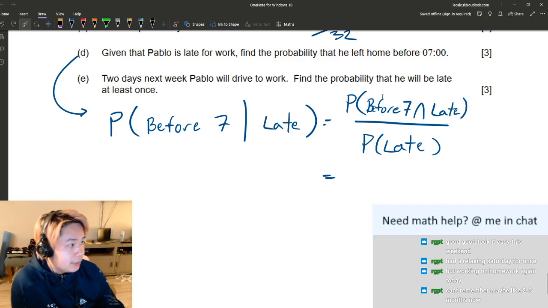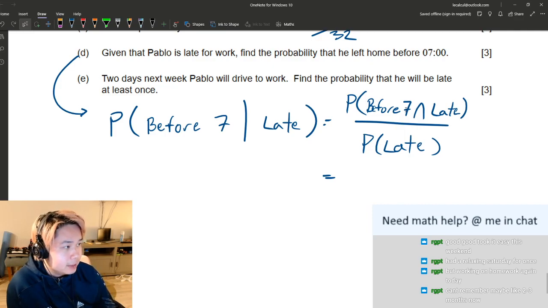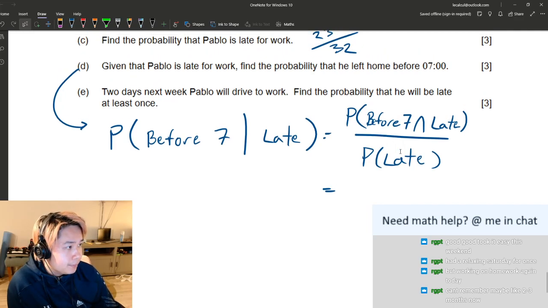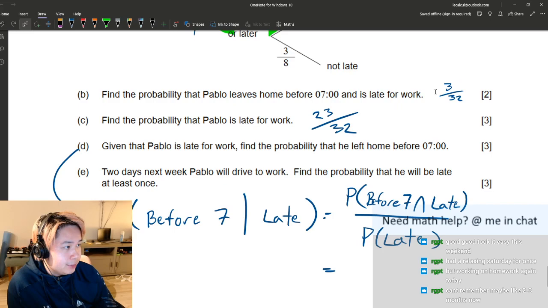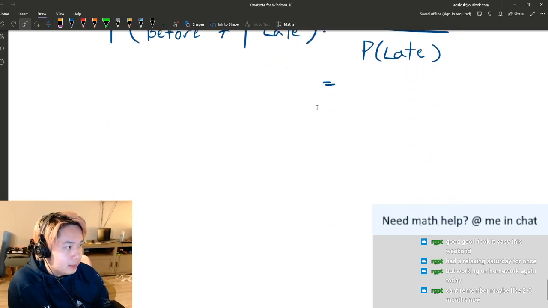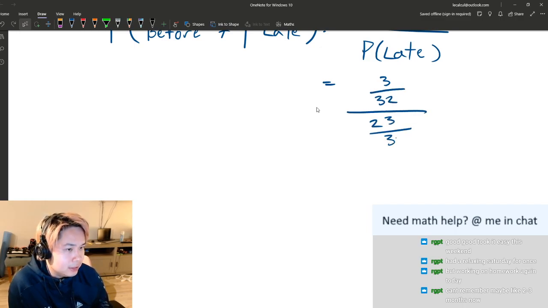Following the formula, we take the probability that he left before 7 and still ends up being late, and we divide by the probability of him being late overall. And those are what we found out in both part B and part C. So this is leaving before 7 and being late, and then this is just being late. In other words, this is 3 over 32 over 23 over 32, which essentially simplifies to 3 over 23.